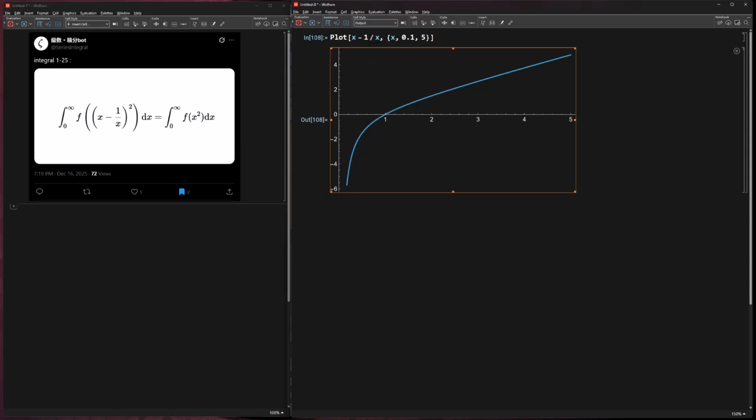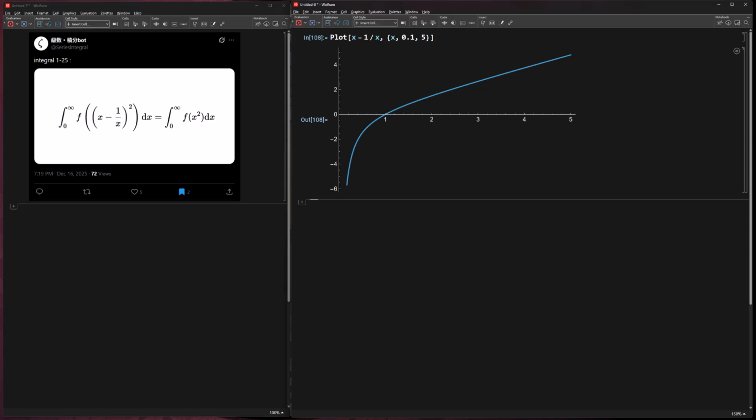And if x is really large, then the dominant term will be x, so this function will look like y equal to x for large x. What's important here is you can visually check that this function is actually monotonic, which means you won't have any U-shape over this domain.